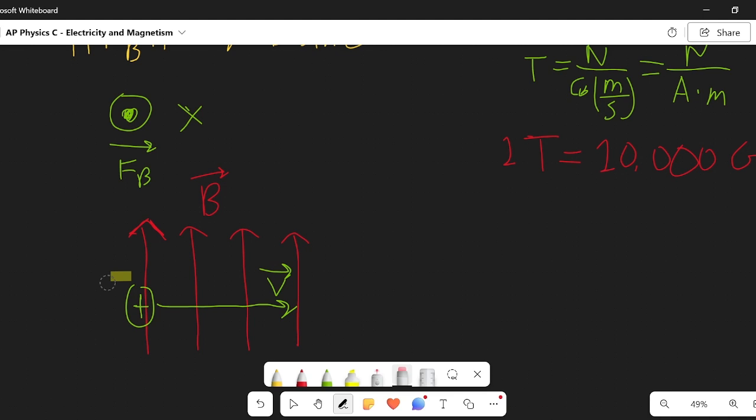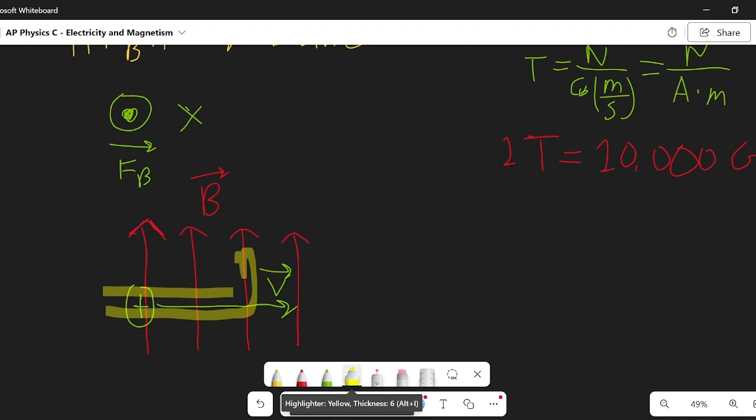I'll try my best to draw this, but essentially your hand will be like this, and then we're going to curl it in the direction of the magnetic field. And then your thumb is essentially going to be pointing out of the screen.